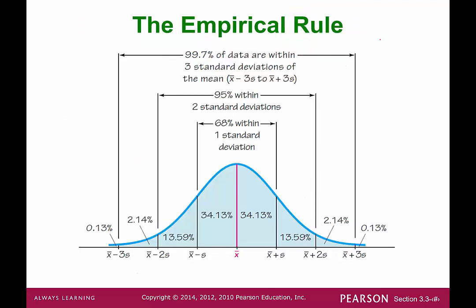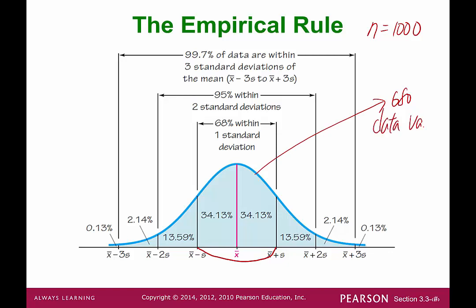Now, graphically speaking, this is one standard deviation from the mean, and we have 68% of data values. Assuming we had a sample size of 1,000, that means 680 data values fall within one standard deviation of the mean.